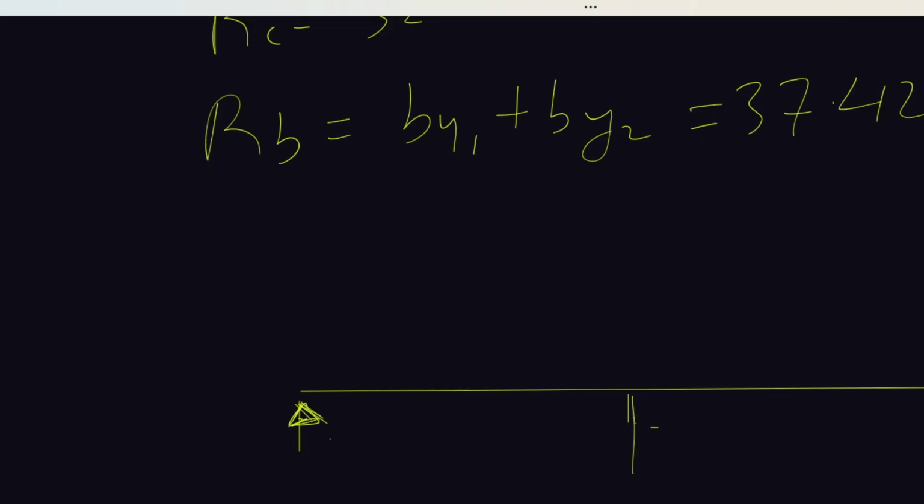I'll be having this. I'll also be having this. Sorry, it's not inclined. It is not inclined. Why is it hanging? Okay.